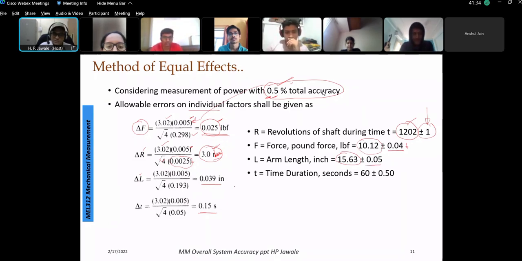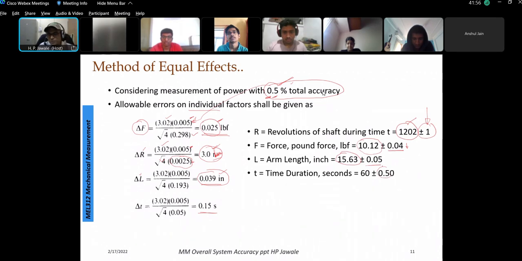Now this requires a more accurate measurement of the length, with an error of 0.05 inches. To achieve better accuracy, we must control the length measurement to the order of 0.039 inches.